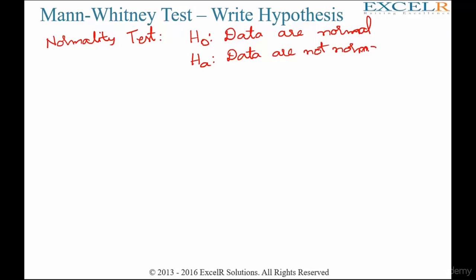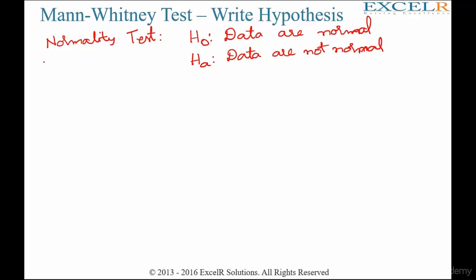If data are not normal, we need to transform the data and ensure that data becomes normal. If despite transformation the data does not become normal, we proceed with non-normal techniques. And here we are going to discuss Mann-Whitney, which is one of those.